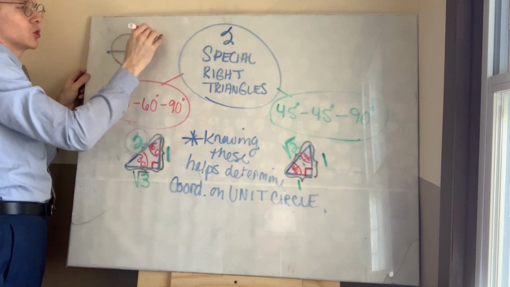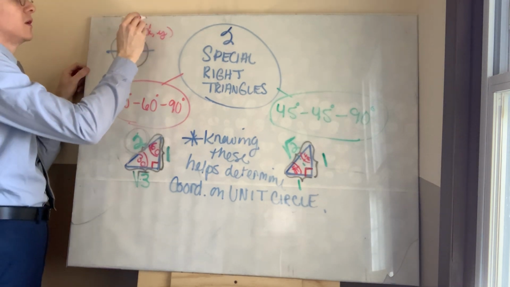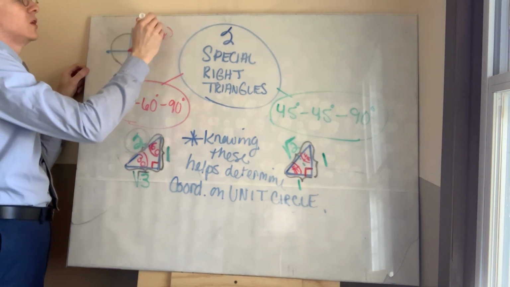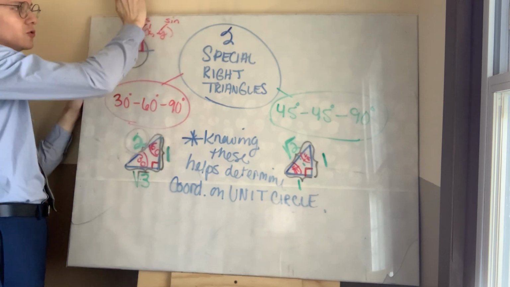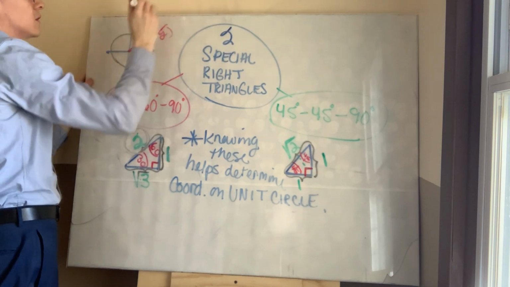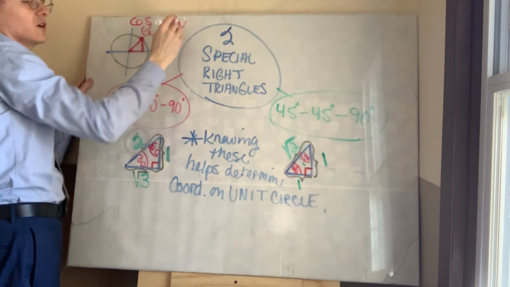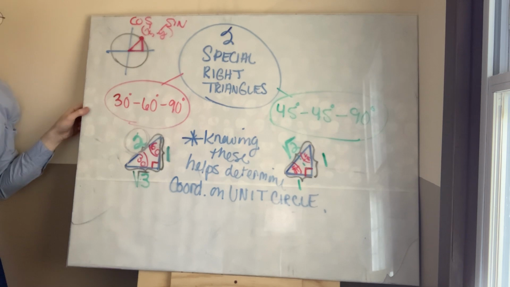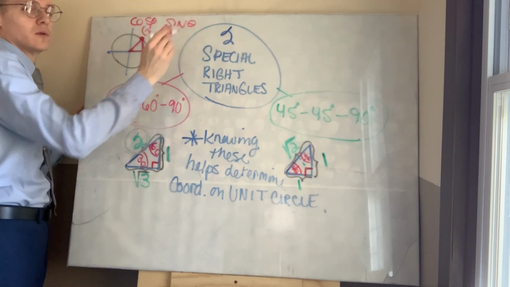And the coordinates, which are normally x and y, would be the cosine and the sine, respectively. That's a little bit small, let me make it larger. X is cosine, y is sine, of whatever the theta is. If you want to generalize, I'm just going to use theta.